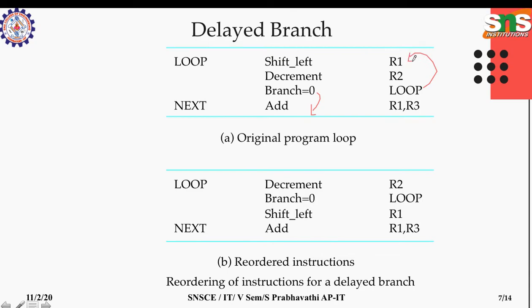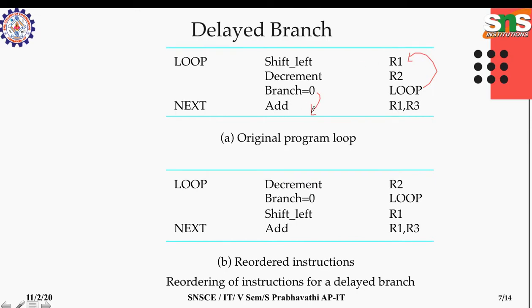So what will happen if we don't delay the branch? While we are executing this instruction, branch if equal to 0, what will happen in normal execution? This add instruction will be fetched, is it not? While decoding or executing this, only then will it come to know this has to be looped further.